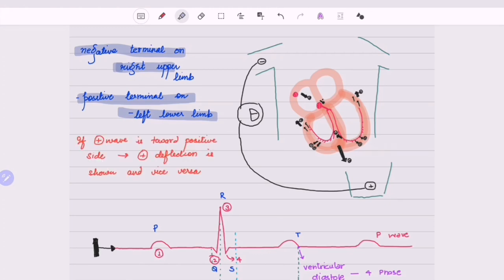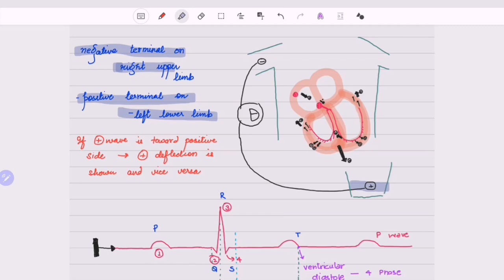Now the basic principle in this deflection is, if a positive depolarizing wave is towards the positive side of the galvanometer, that is the positive terminal of the galvanometer, a positive deflection is seen, which is above the paper.